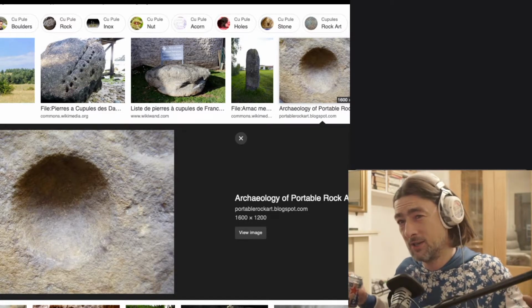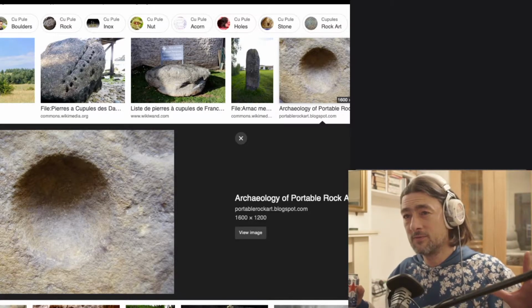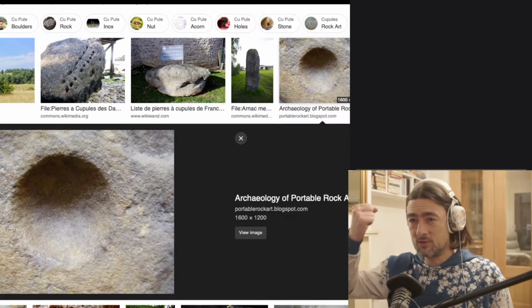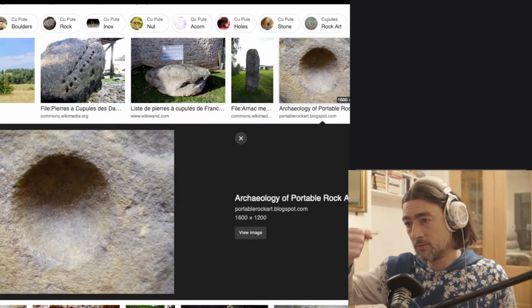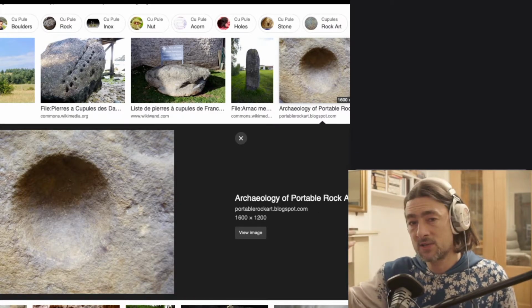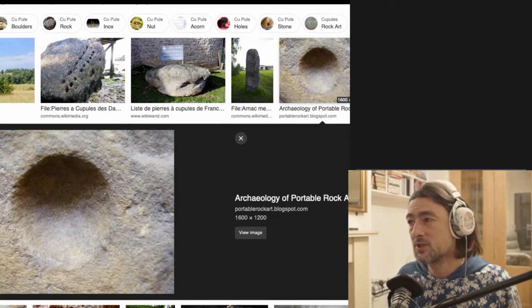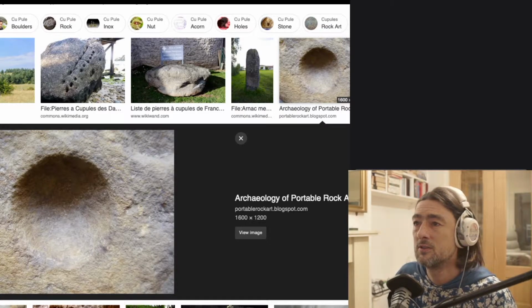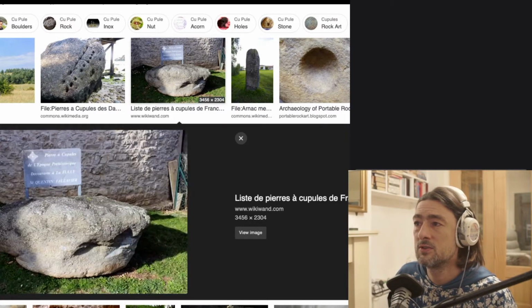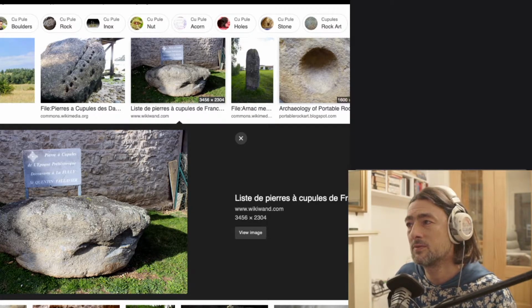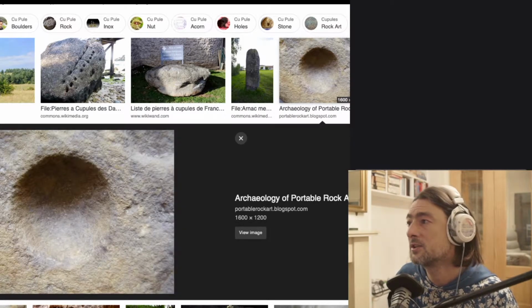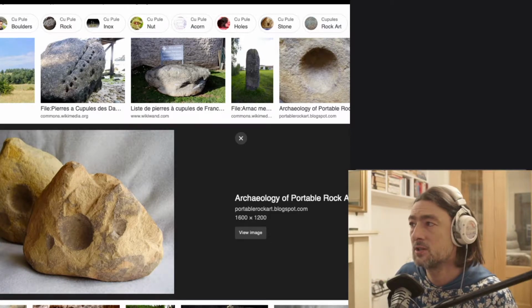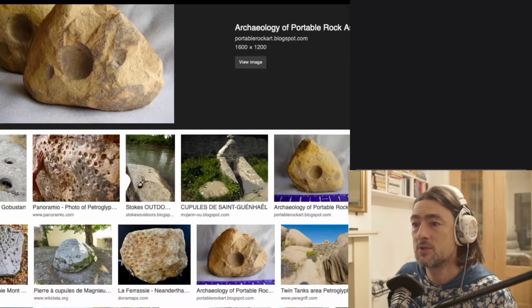I always think if they're doing something with a stick over and over, maybe it's their pestle and mortar. But some of these are found in positions and things that they wouldn't be useful as that. So they're considered art. There's portable rock ones there, so they may have been pestle and mortars.